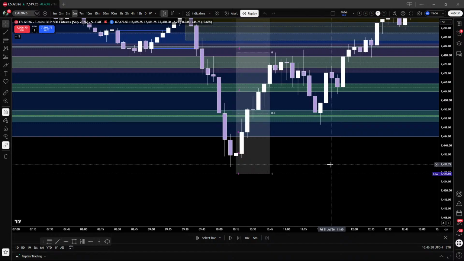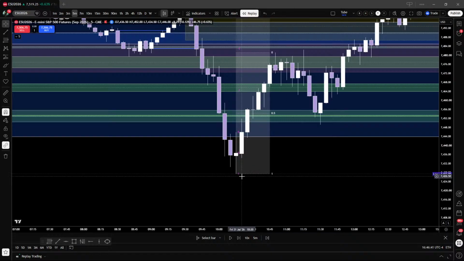You can measure it if you think, on the lower time frame, it probably made a swing.